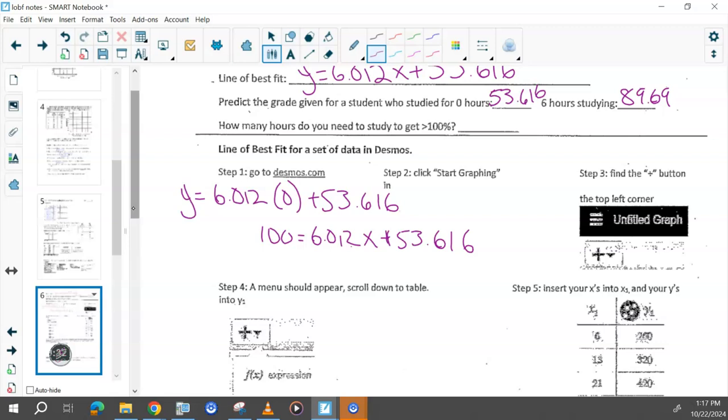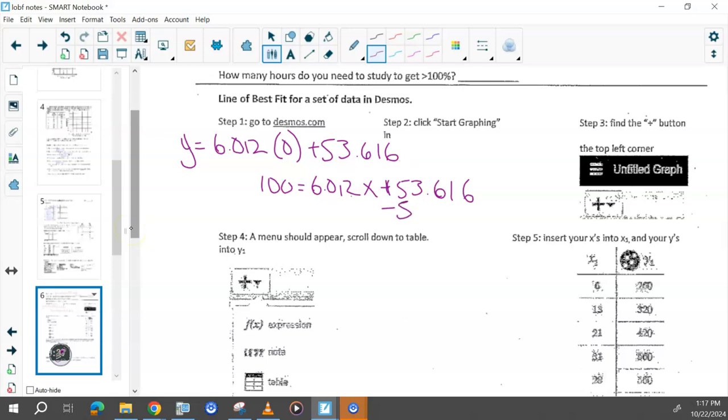You could solve this equation, and then I'll also show you how to put that in the calculator. Subtract that, tell me what you get. If you didn't already in your calculator, do 100 minus 53.616. Everyone should be doing that. 46.384.